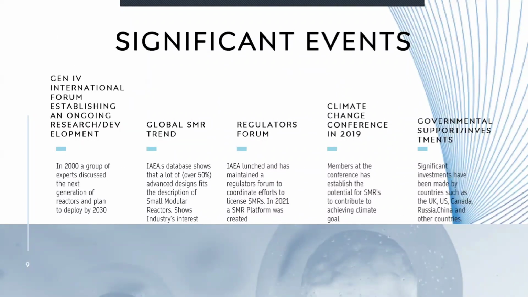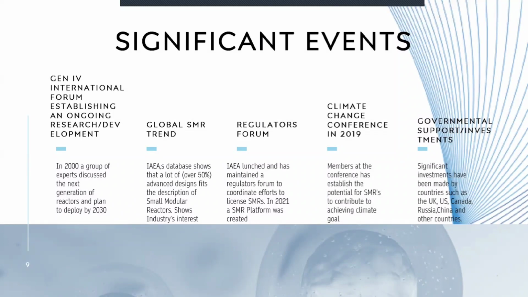So over here, I would mention some significant events that show the resurgence of small nuclear reactors. First, I'll talk about the Generation 4 International Forum. This international forum is a number of countries that are facilitating the deployment of the next generation of reactors. These are innovative designs that hope to increase the efficiency of nuclear power plants and also decrease some of the safety concerns that have been raised over the years.